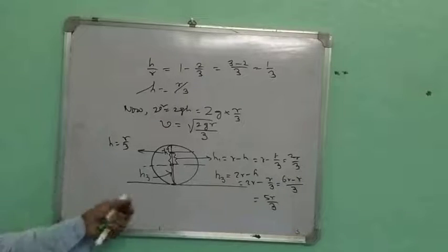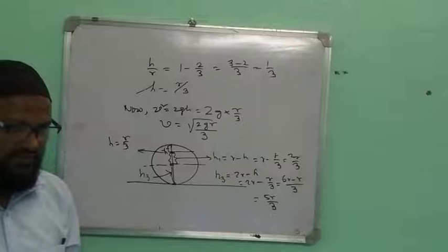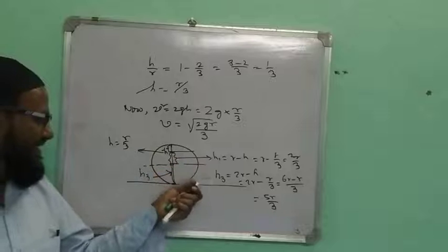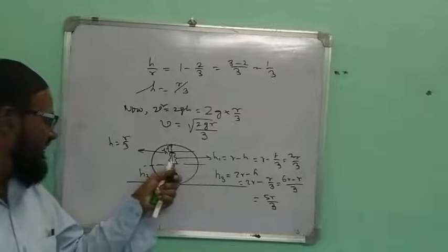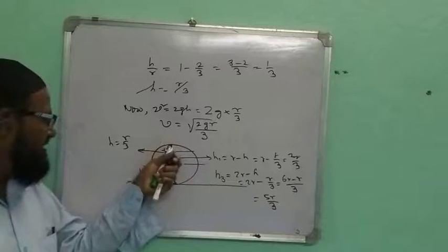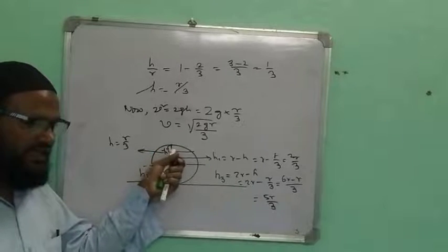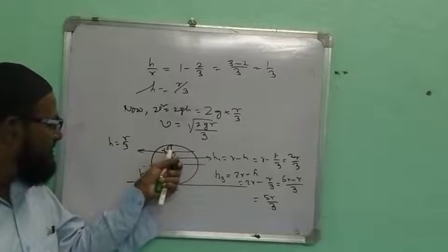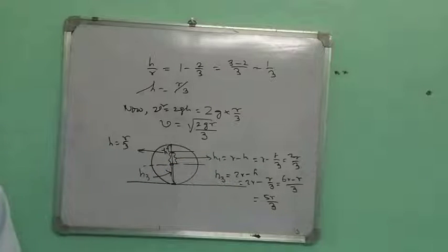Therefore, if the reference is different, the height will be different, but the velocity is always the same. With respect to the ground this is the answer, with respect to the center of the sphere h1 is the answer, and from above, this is the answer h. Below the highest point, at this height, the body will detach. Is it okay?